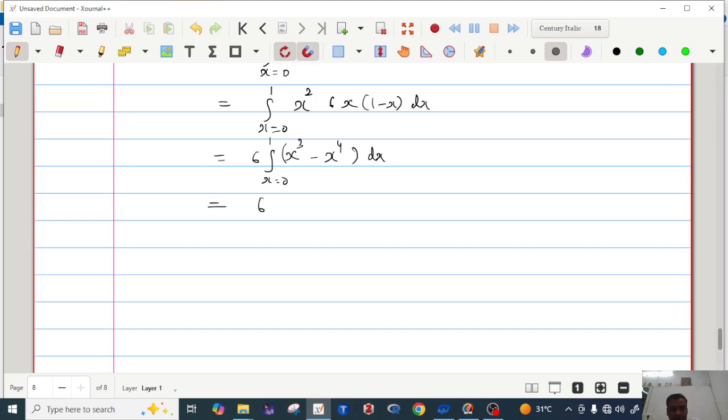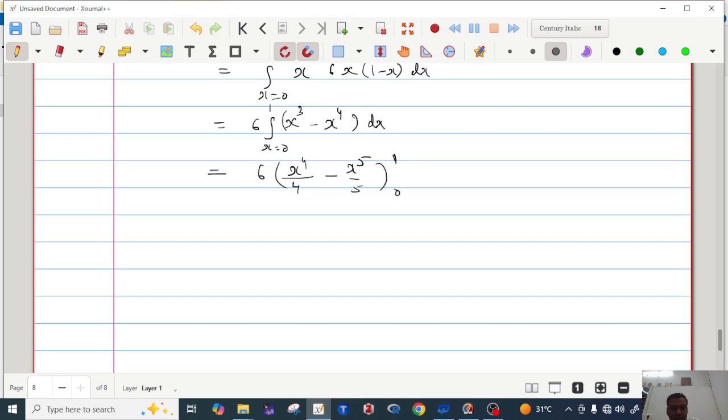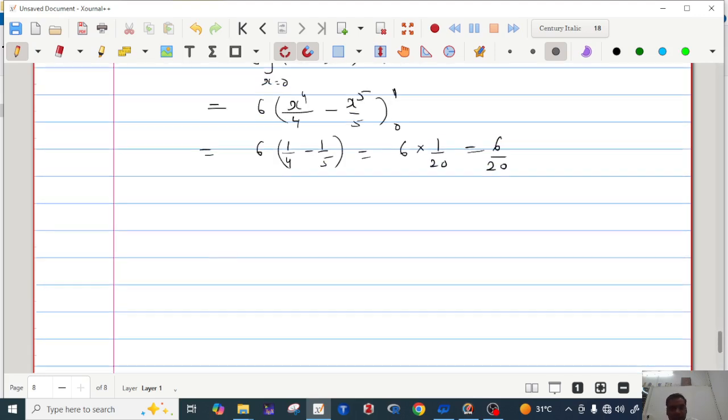This is 6 into the integration, which gives x raised to 4 by 4 minus x raised to 5 by 5. If you solve this, you get 6 into (1 by 4 minus 1 by 5), and 5 minus 4 is 1 upon 20, so E of x square is 6 upon 20.